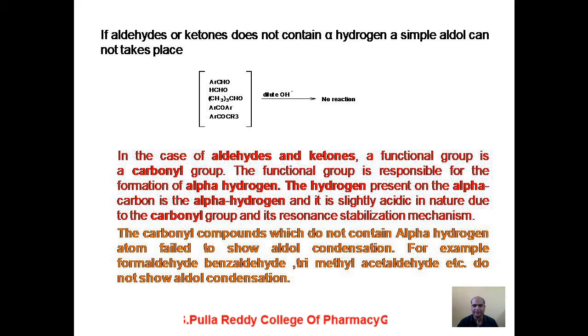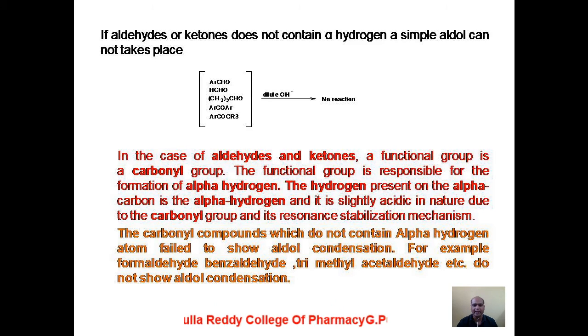The hydrogen present on the alpha carbon is nothing but the alpha hydrogen, and it is slightly acidic in nature due to the carbonyl group and its resonance stabilization mechanism. Whatever alpha hydrogen is present in the structure is usually slightly acidic in nature due to the presence of the carbonyl group and its resonance stabilization.